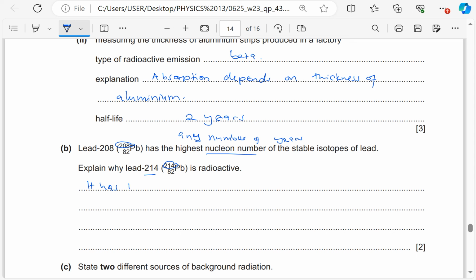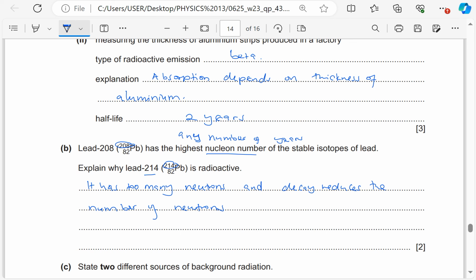It has too many neutrons, and of course decay reduces the number of neutrons.